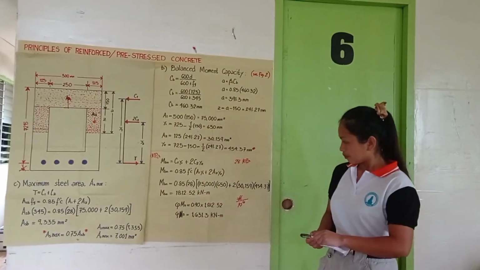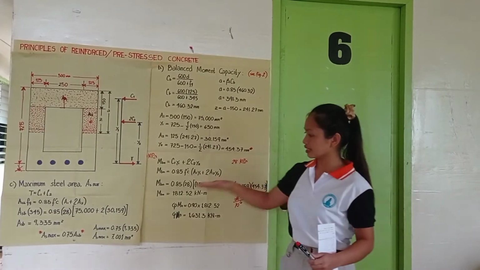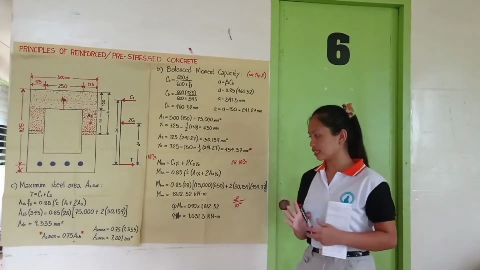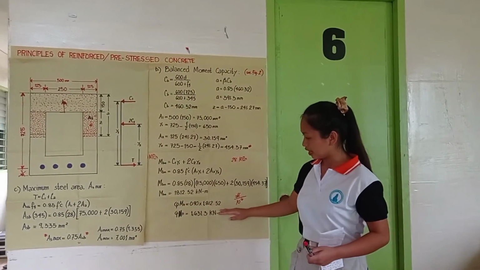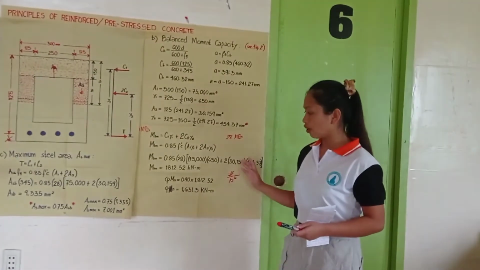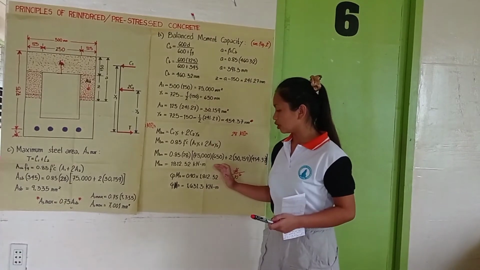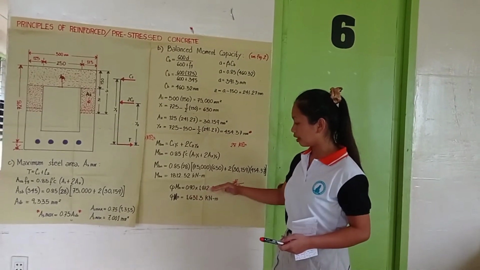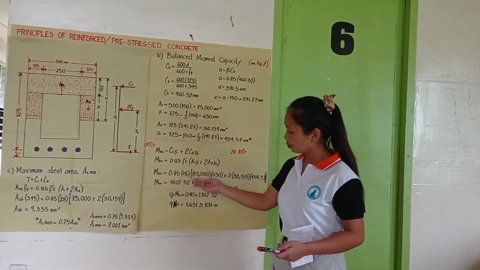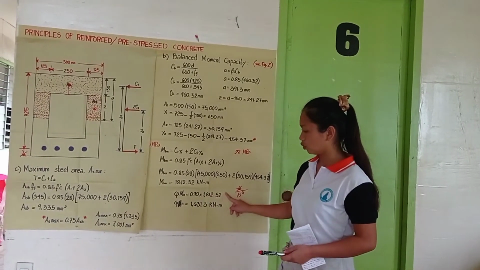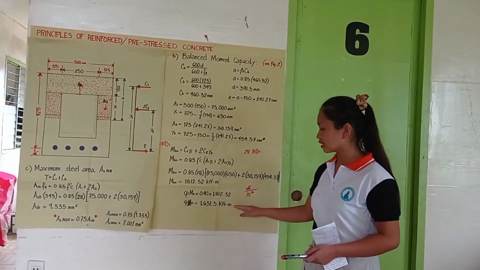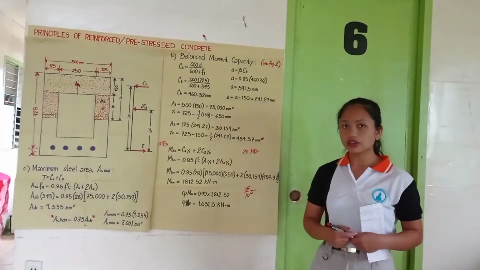I'm sorry, this isn't the balance moment capacity yet, because our moment capacity is from this solution. So moment capacity is equal to 0.90 times the value of our moment, which is 1,812.52, and that is 1,631.3 kilonewton meters.